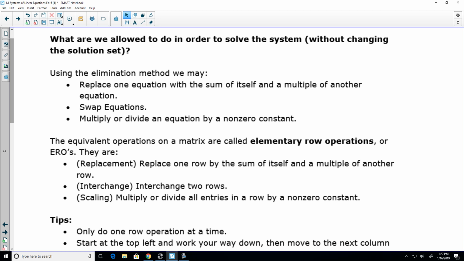And we talked about why. You can swap equations. The order of the equations doesn't matter, right? You can write the equations in whatever order you want. So you can always interchange the order that the equations are in. And you can multiply or divide an equation by a non-zero constant. We did that too. We multiplied an equation by 2, right?